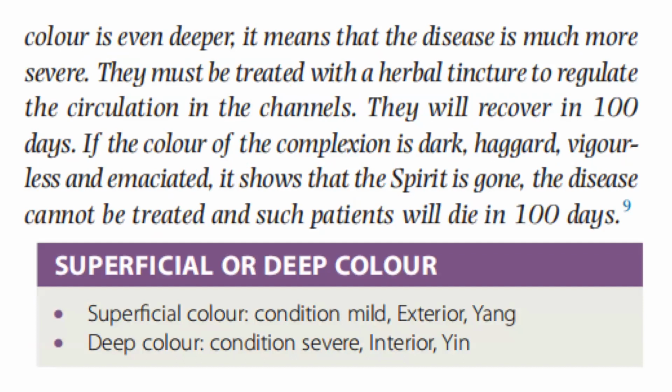They must be treated with a herbal tincture to regulate the circulation in the channels. They will recover in 100 days. If the color of the complexion is dark, haggard, vigorless, and emaciated, it shows that the spirit is gone. The disease cannot be treated, and such patients will die in 100 days.